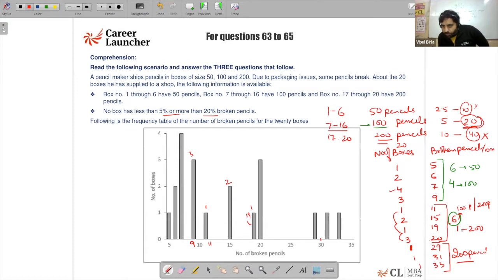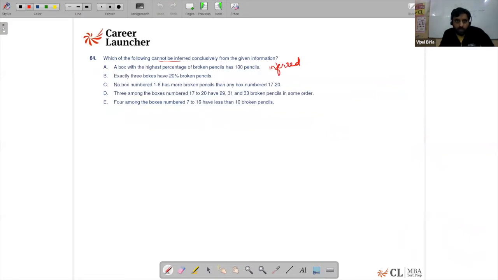But if this one box that contains 200 pencils has 20 broken pencils, in that case this statement will not be true. And if all 20 are from the 100, then it is going to be nothing but true. So therefore, exactly 3 boxes, I cannot infer it, and therefore it is the answer to this question.